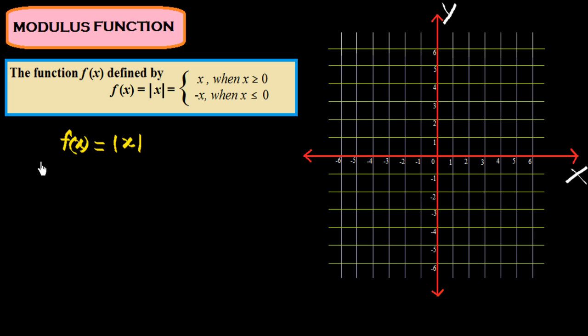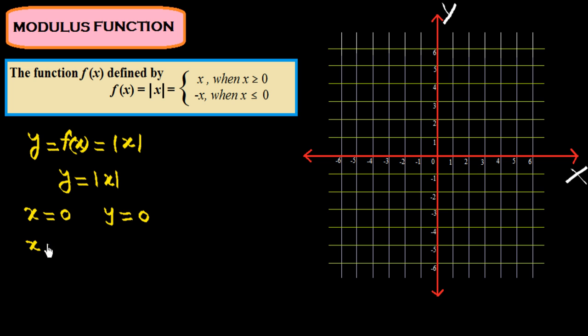This is the absolute value of x, and f of x is called y. So we have y is equal to mod of x. If x is equal to 0, then y is also equal to 0.